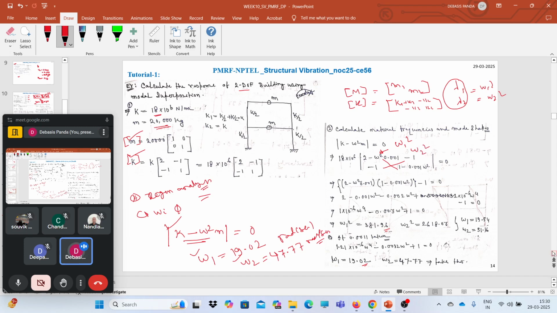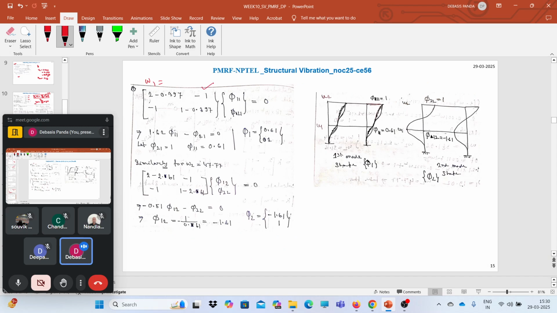So first we use omega 1 square, and the matrix looks like this, multiplied by phi 1. That means phi 1 contains the modal information phi 1 1 and phi 2 1, right?